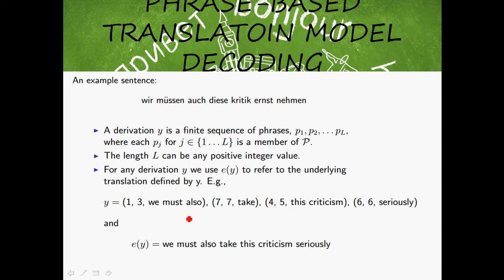Finally, we have to decode the phrase-based translation to make it display in front of us. Here is an example sentence. The most important part of decoding is derivation. A derivation y is a finite sequence of phrases.